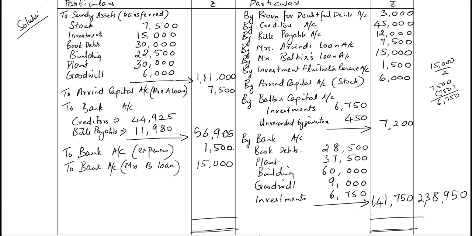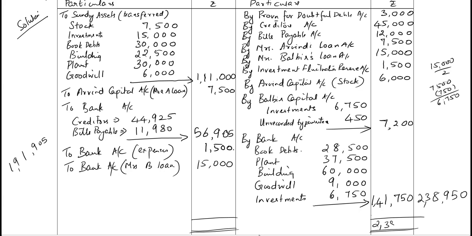The total of the debit side is 1,91,905.